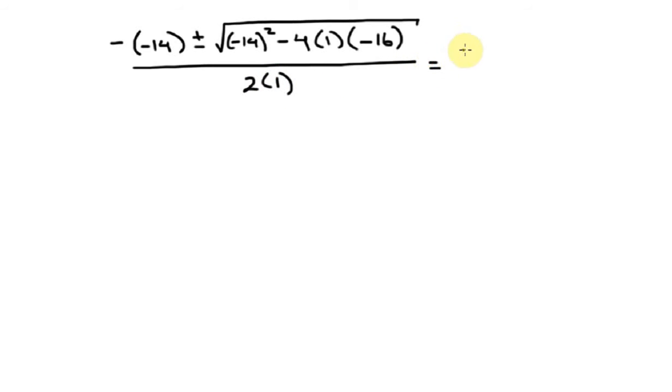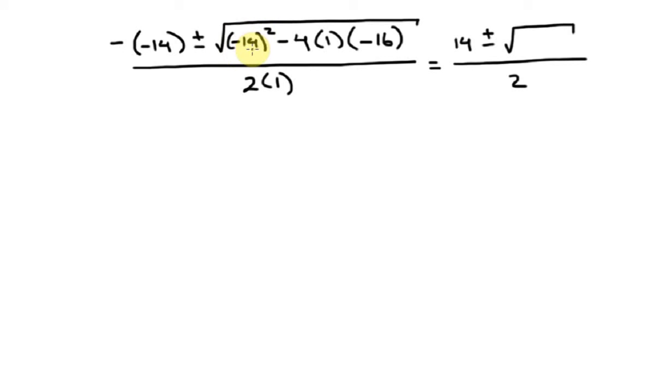And let's just continue on here. So we got positive 14 plus or minus square root of, and all over 2. And the number I got here, be careful, when you're putting this in your calculator, you're better off to just ignore this negative and just put in 14 squared.